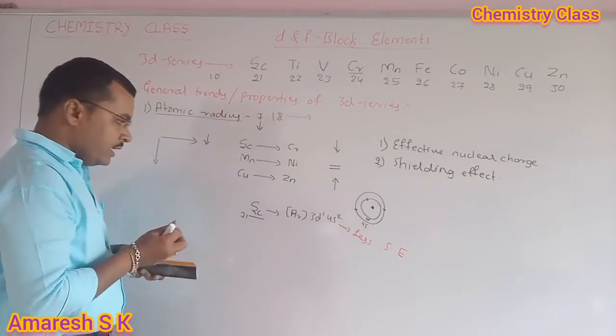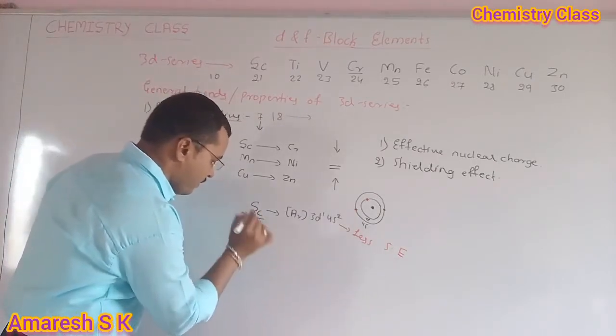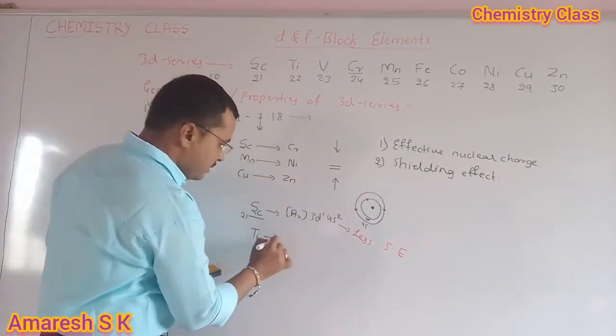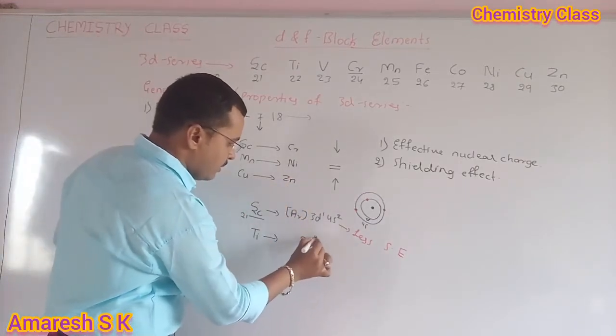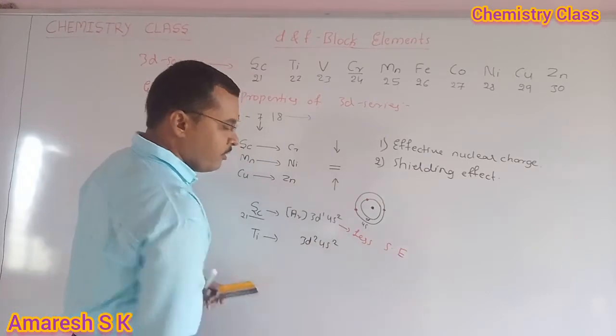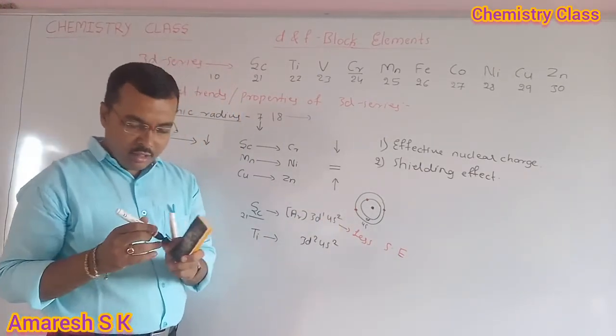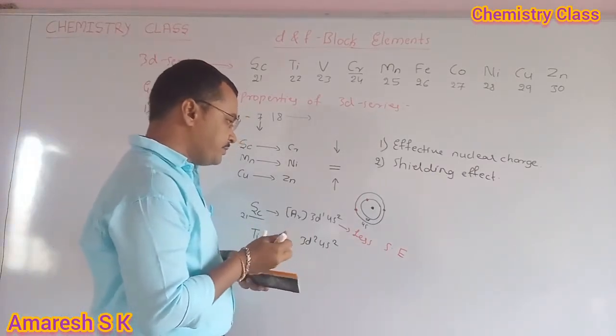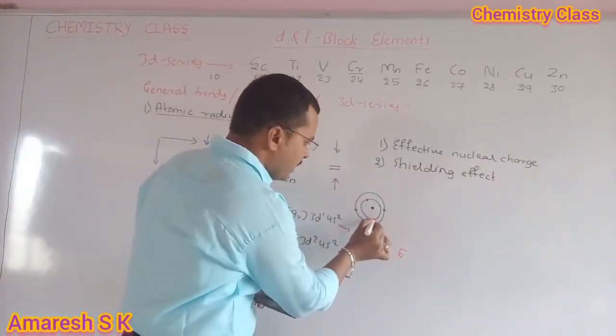Next, in titanium, the electronic configuration is 3d2 4s2. Next, one more electron will enter here.